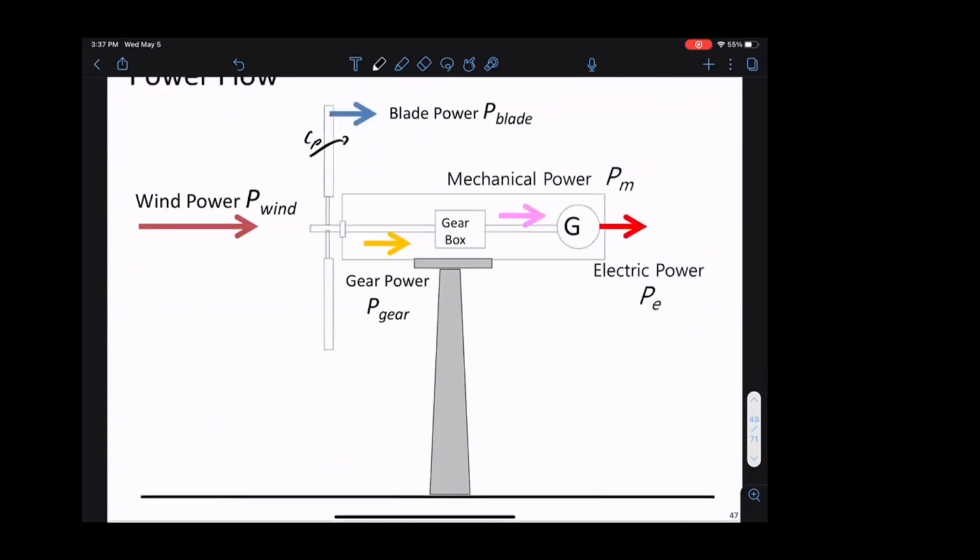In each of these conversion stages, you lose some power. So let's say you have a 40% CP, you turn 40% of the wind power into power in the blades. Then at the end of the day, the electric power may only be 35% of the wind power coming in. So you always lose some efficiency here.